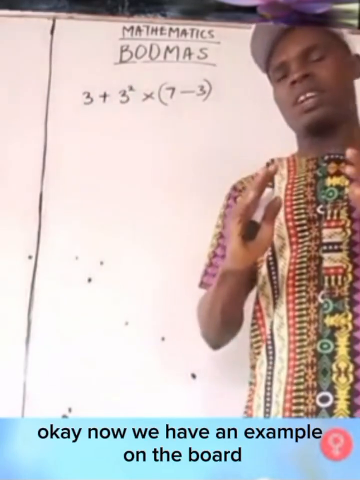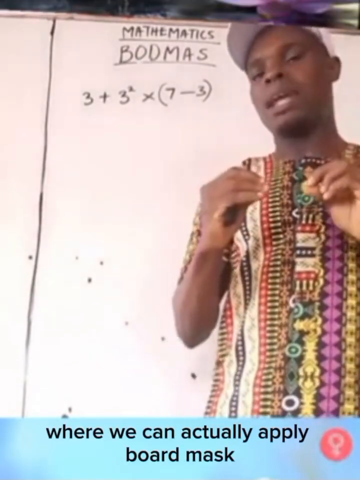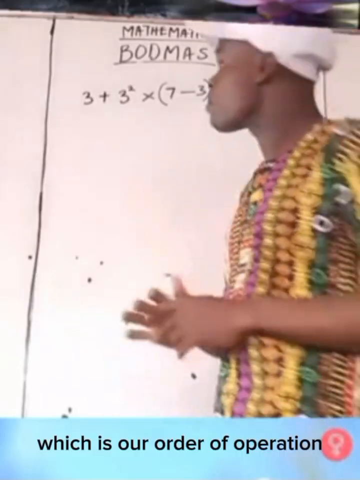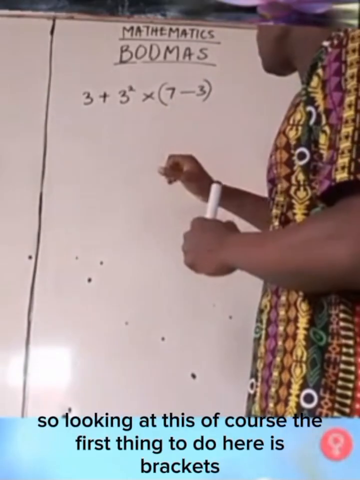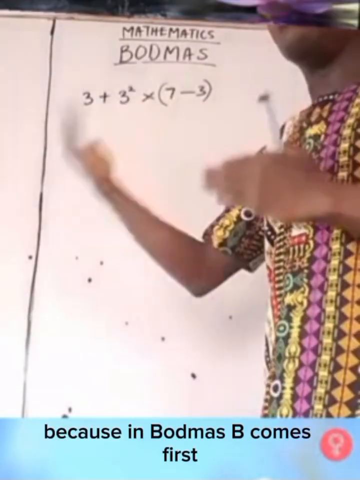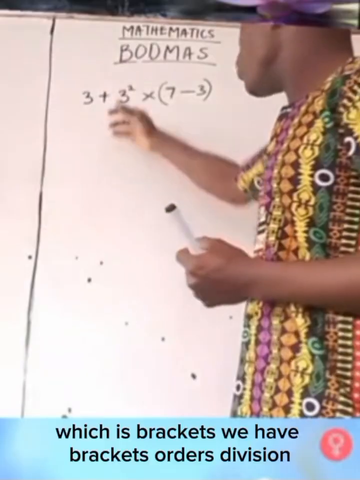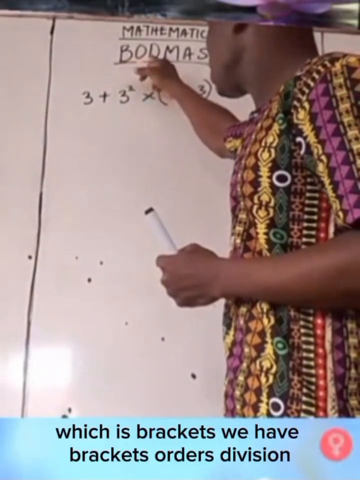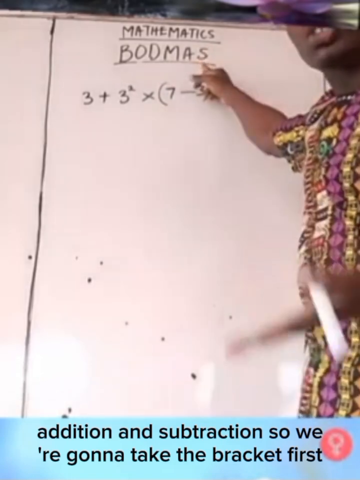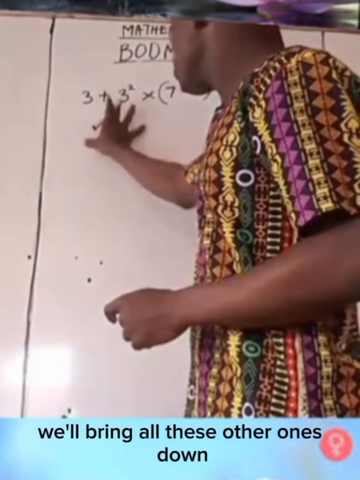So let's have an example. Now we have an example on the board where we can actually apply BODMAS, which is our order of operation. Looking at this, the first thing to do is bracket, because in BODMAS, B comes first. We have bracket, orders, division, multiplication, addition, and subtraction. So we're going to take the bracket first. We'll bring all these other ones down.